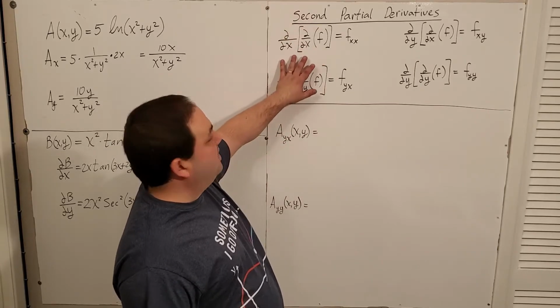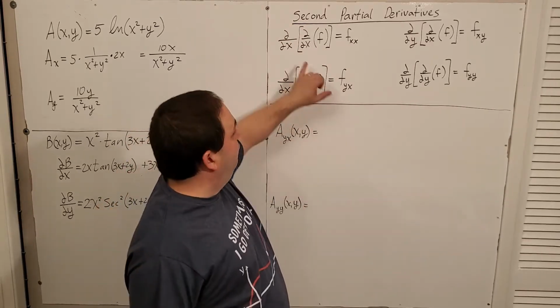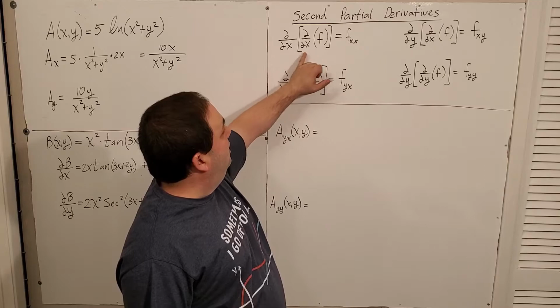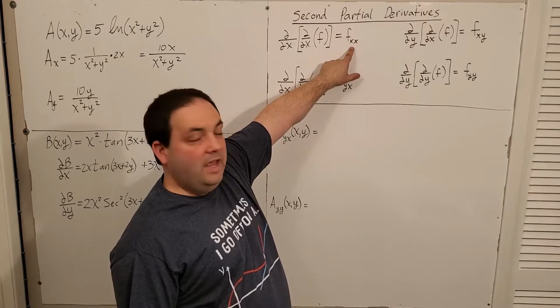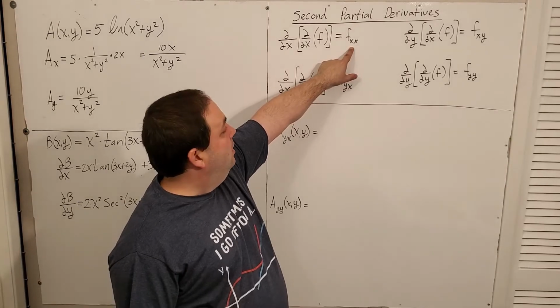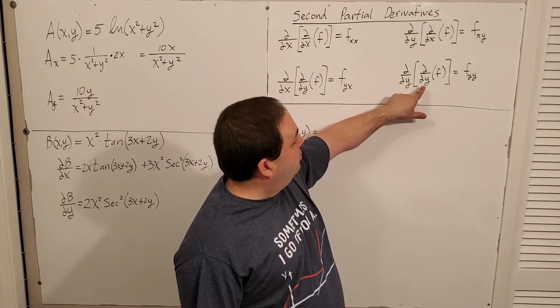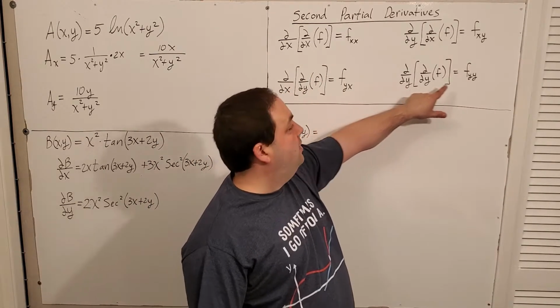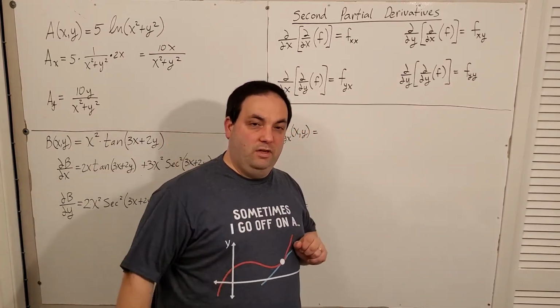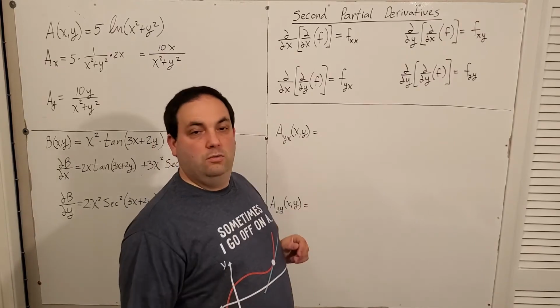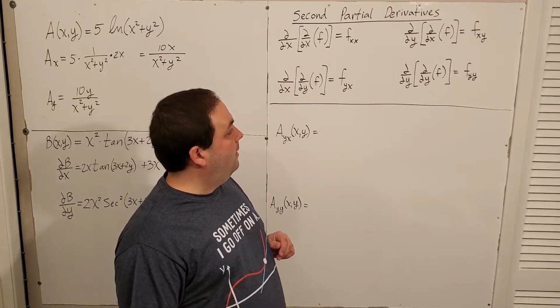So you can have, say, your second derivative with respect to x by doing the partial of x twice. So you'd have f xx. Or same thing, if you do the partial with respect to y twice, you'd have fyy. So those are kind of like your second derivative, your pure directional second derivatives, okay?